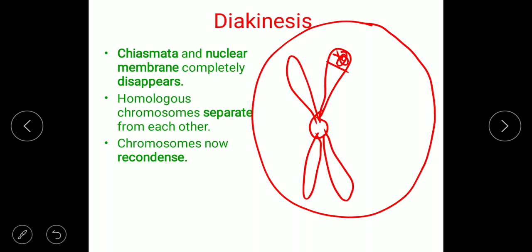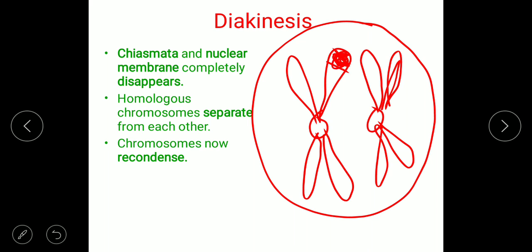This part is the interchanged part which came from the non-sister chromatid of the nearby homologous chromosome.